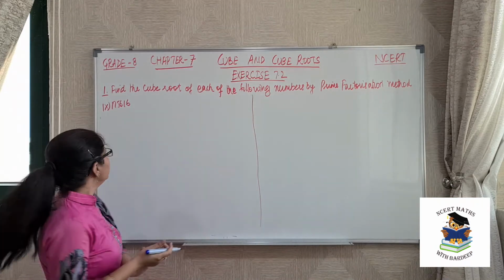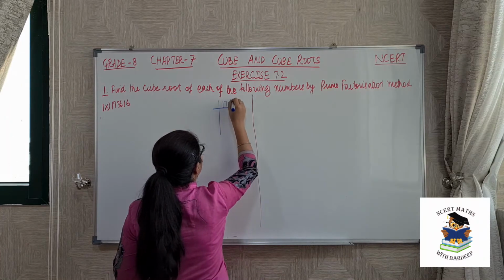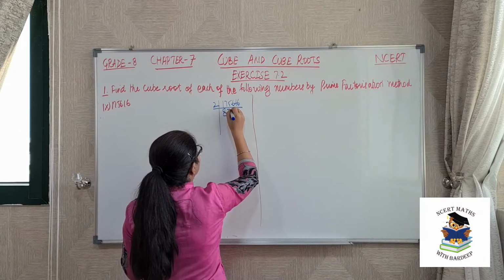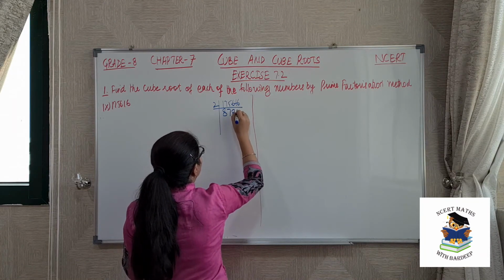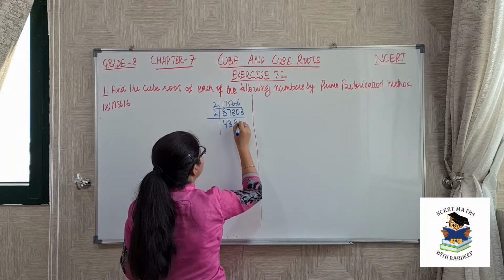So the ninth part is 175616. So in the table of 2, this is 87808, then 43904.